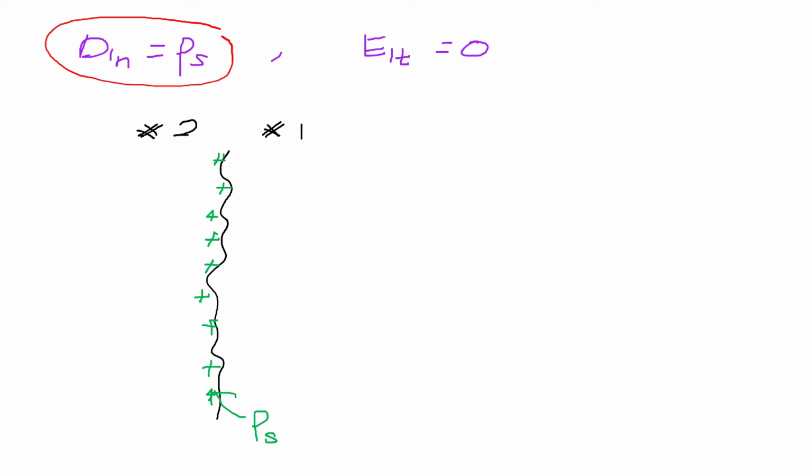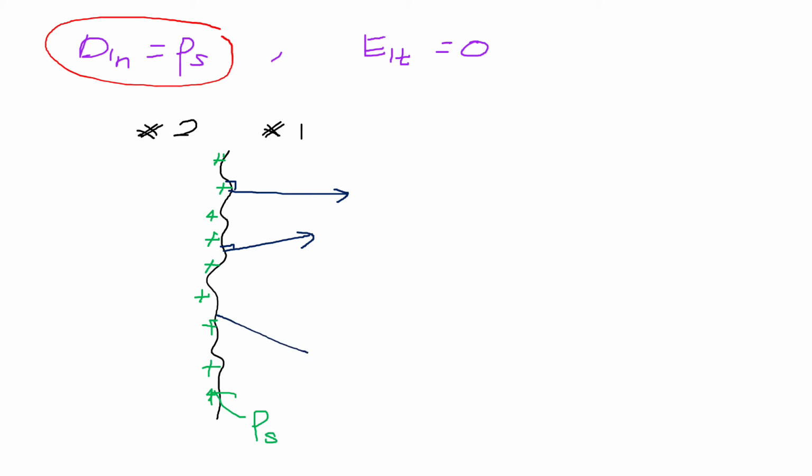We know that the D for this should be perpendicular, or normal, to the boundary. So let's say this is the D here, and it is supposed to point like this because we want the normal vector here.